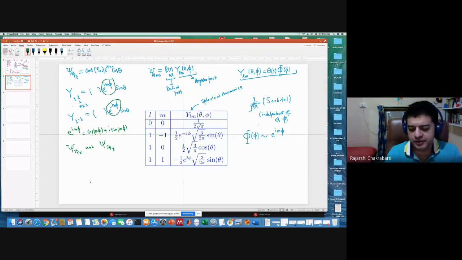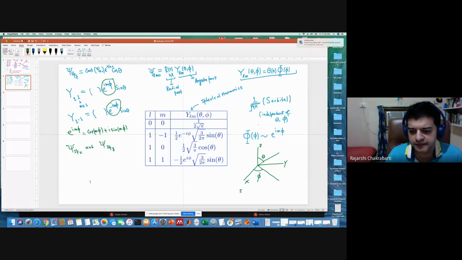But let me tell you one thing. If you don't remember what is the functional form of 2px and 2py, I'll tell you how to remember. At least you remember this picture; everybody should remember this.